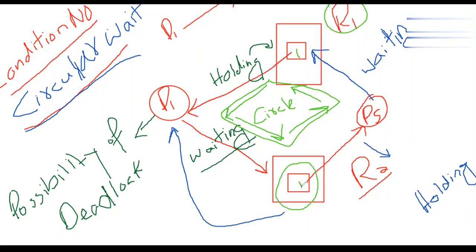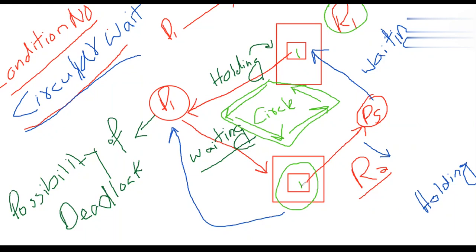So this will make the possibility of deadlock greater. Whenever in a circular shape we have single instance resources, then the possibility of deadlock will be increased. But when you have multi-instance resources in a circular shape, then the possibility of deadlock will be decreased. Okay, this is another thing.